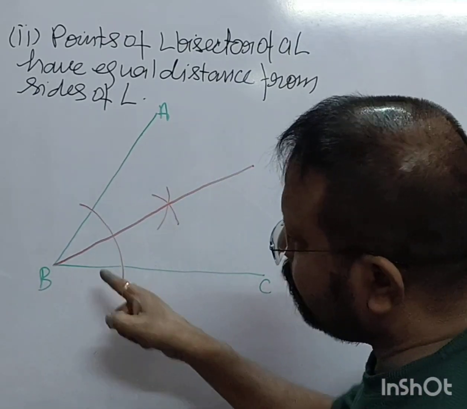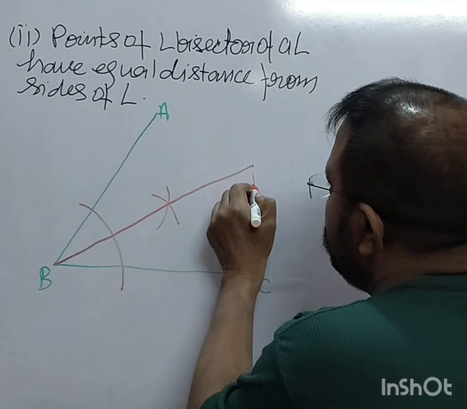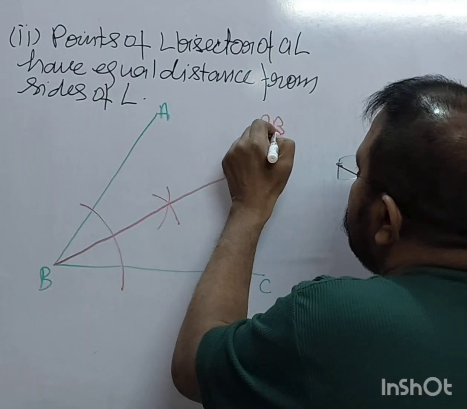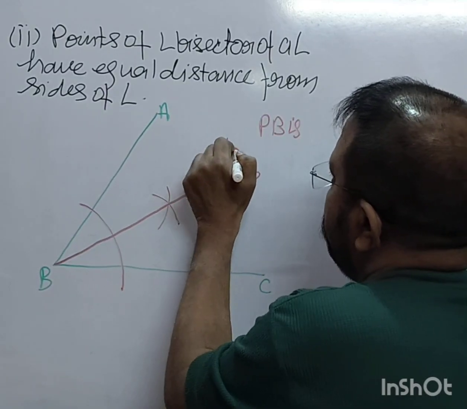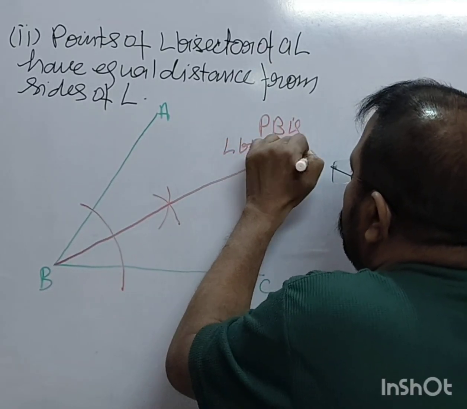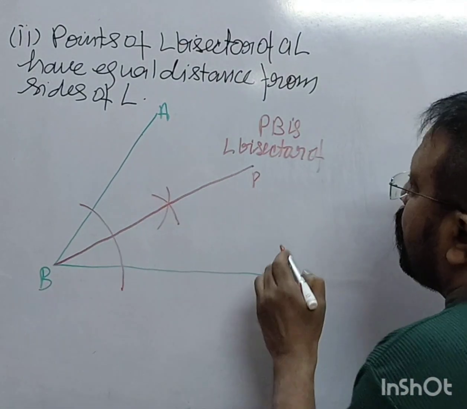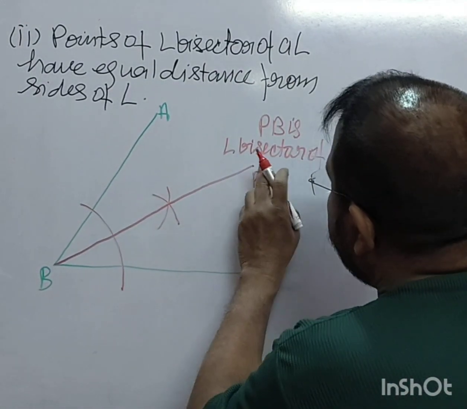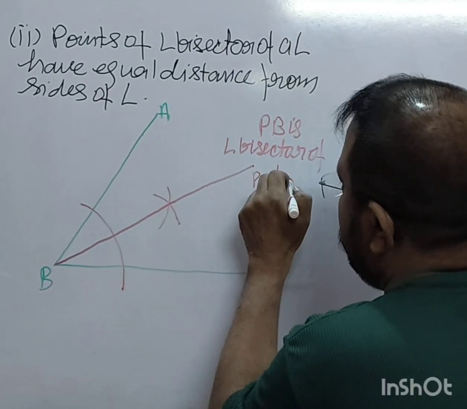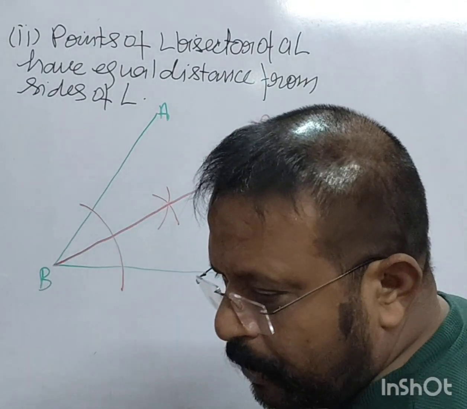This is what we call P. So PB is the angle bisector of angle ABC.